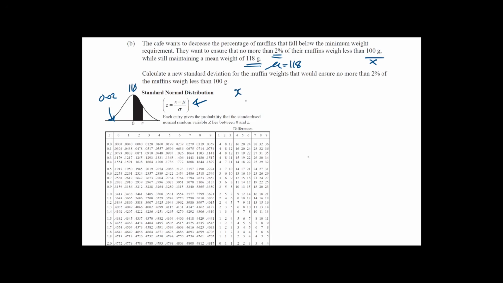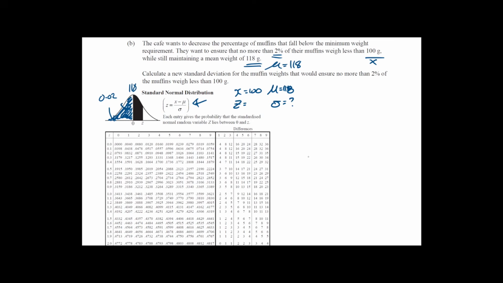So we've got x as 100. Cool. We've got mu as 118. That's great. We don't know z, but we need to find it. What we would do is say, okay, we need this area here. This is why I don't like these tables for a lot of reasons. They're very finicky.